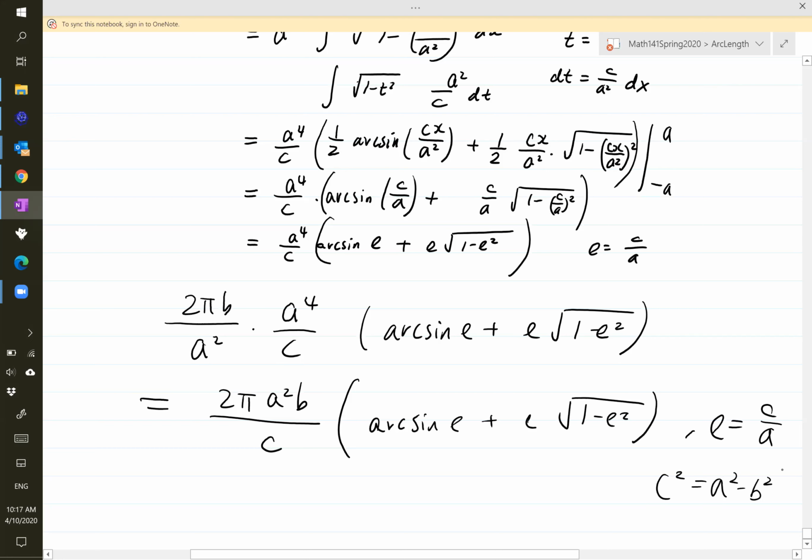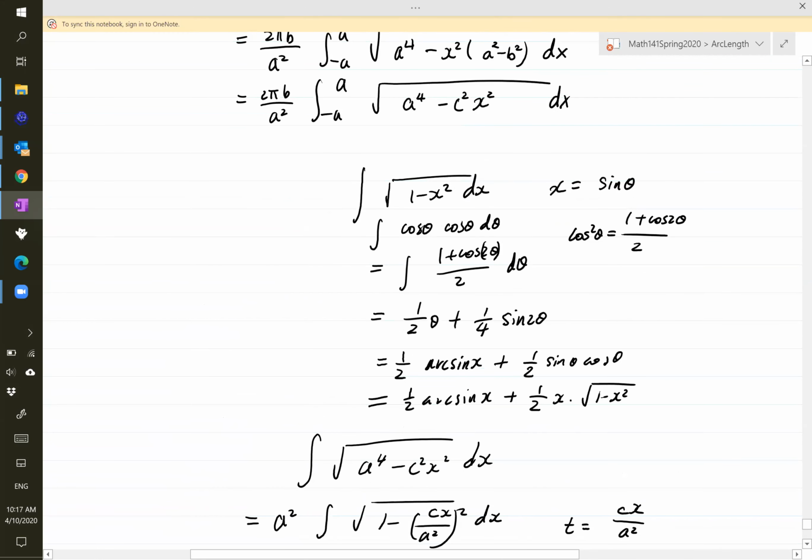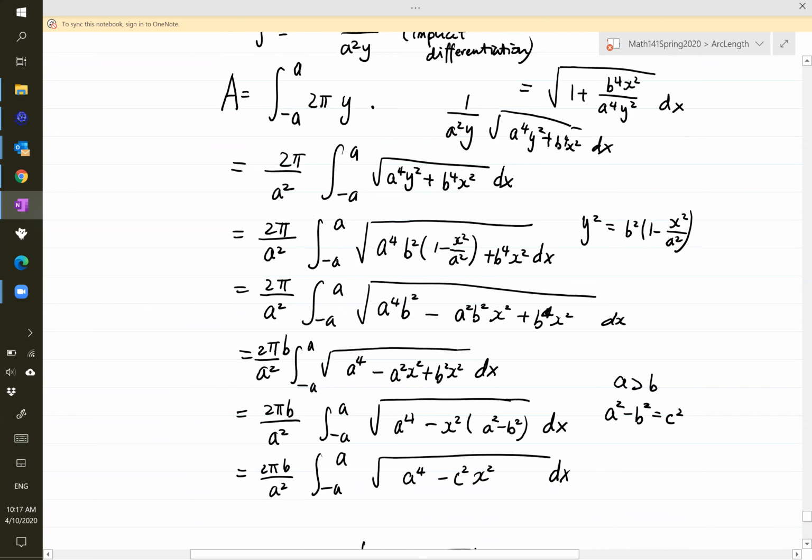Finally, we're done for this problem. Find the surface area of this ellipsoid. Now this we can use integration technique to work it out.